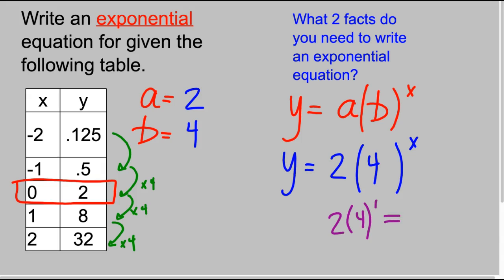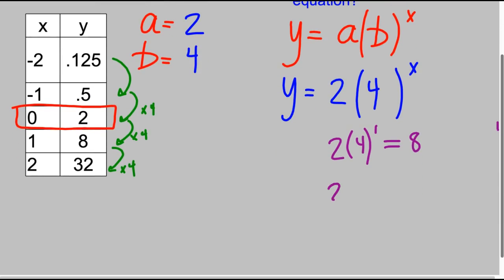What is that? 4 to the 1 is 4, 4 times 2 is 8. 2 times 4 to the second power, what's that? You have to square the 4 first, follow PEMDAS, square the 4 first, you get 16 times 2 is 32. Does that check off? Yep. Did the 8 check off? Yep. What if I put a 0 in? Does that equal 2? Yeah. Okay, good. There we go.